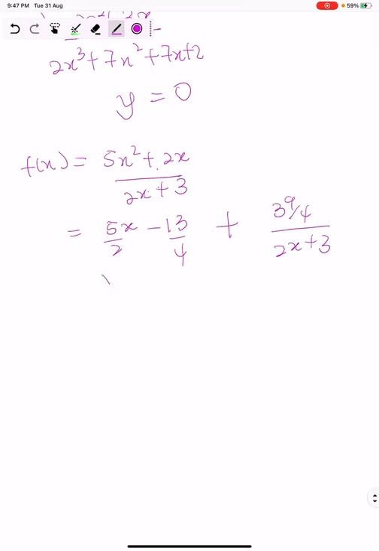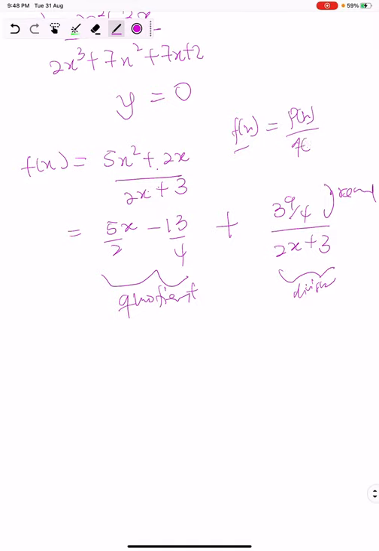All right, so this here is the quotient, and this here is the remainder, and this is the divisor. So if I have f of x equal to p of x divided by q of x, then this is equal to the quotient, which is the answer that we'll get, plus the remainder divided by the divisor.